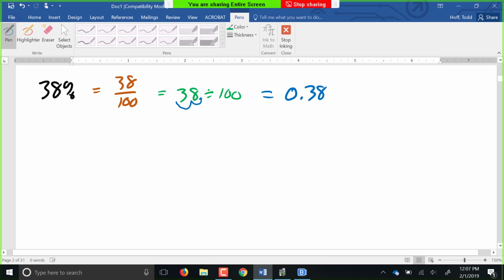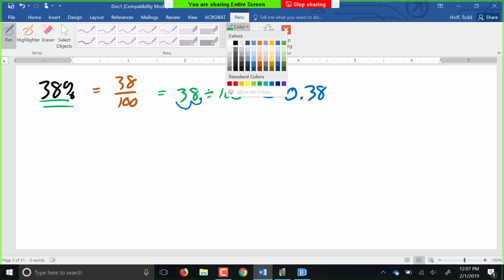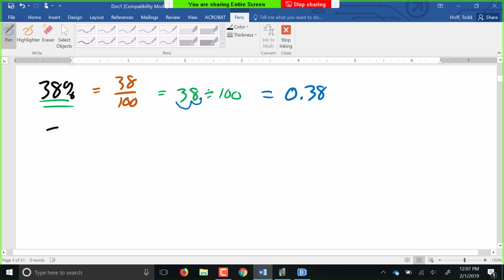Every time we convert a percent to a decimal, it's going to be dividing by 100. It could be 52.3%. That's going to end up being 52.3 out of 100, which means 52.3 divided by 100.